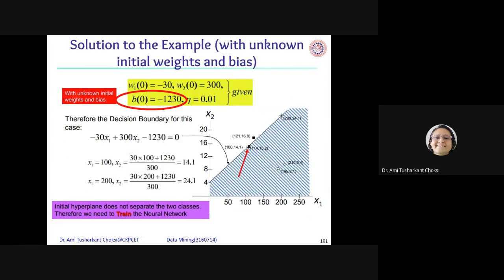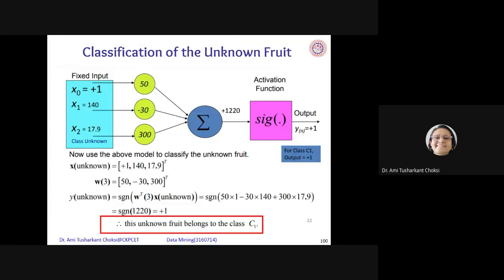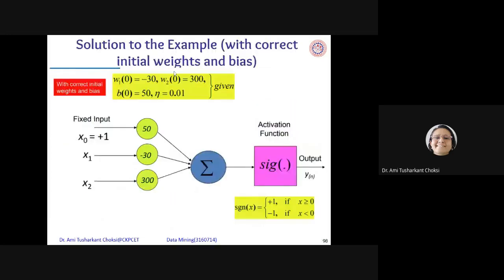Now, the solution to the example with unknown initial weights and bias. What was there in the previous example? We saw that the solution we predicted was with correct initial weights and bias.